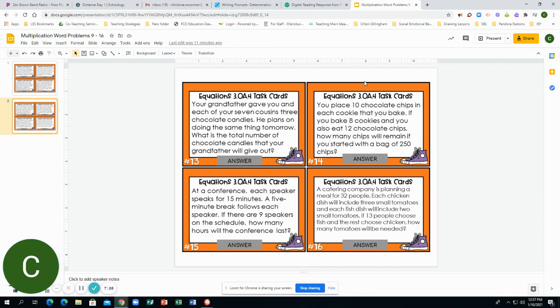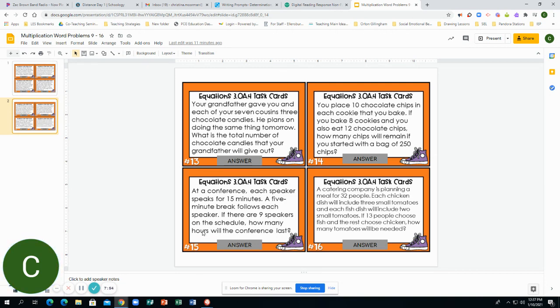You can take 8 times 10 or count by 10 8 times and you'll get 80. You also eat 12 chocolate chips, so you need to add 12 to that 80. Did you get it? Yeah, 92. Now, if you started with 250, how many do you have left if you used 92? Pause and solve.